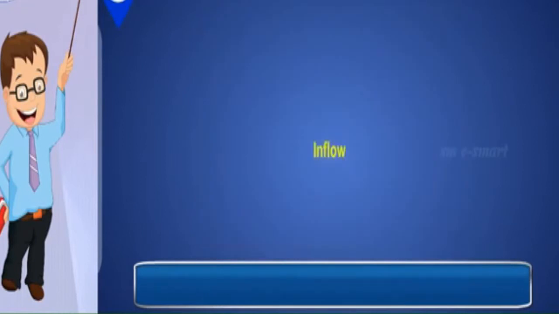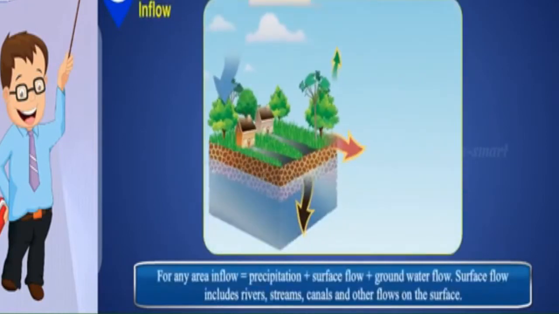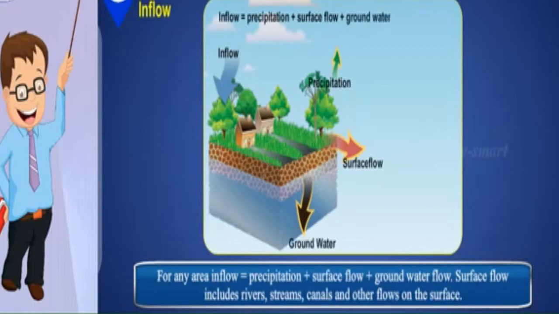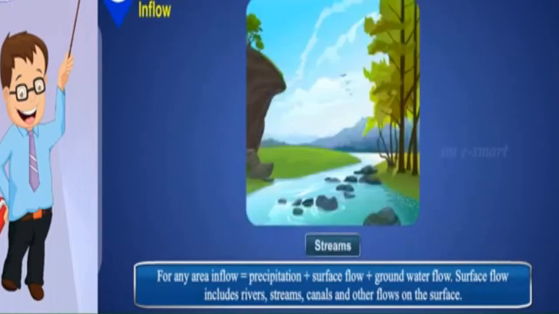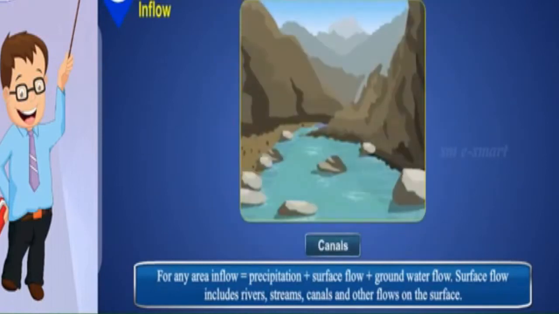Inflow. For any area, inflow equals precipitation plus surface flow plus groundwater flow. Surface flow includes rivers, streams, canals, and other flows on the surface.